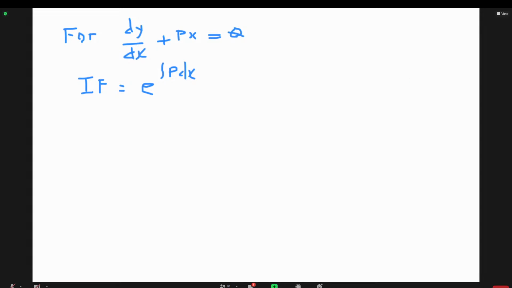So, therefore, right? Once we found the integrating factor, as we saw earlier, we multiplied everything by it. Multiplied by e to the integral of p dx plus px multiplied by, sorry, where did I get this x from?